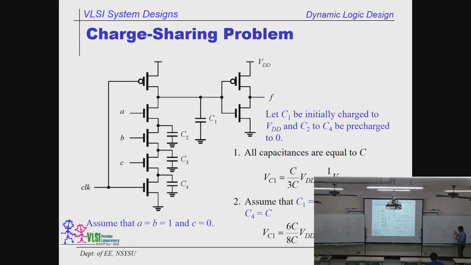So if you keep increasing the ratio of the load versus the capacitance, that means the load is big relative to the parasitic capacitors, then you increase by, for example, 50 times. Then you're going to have 50 over 52.